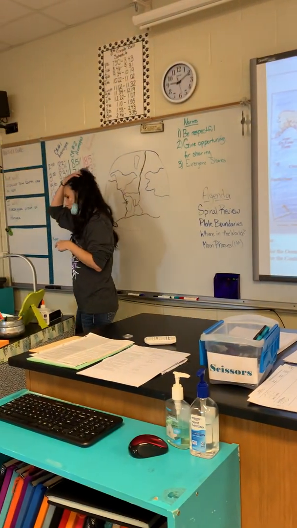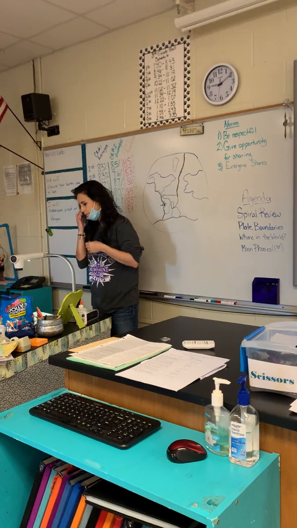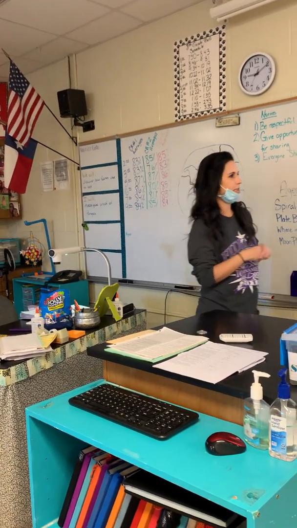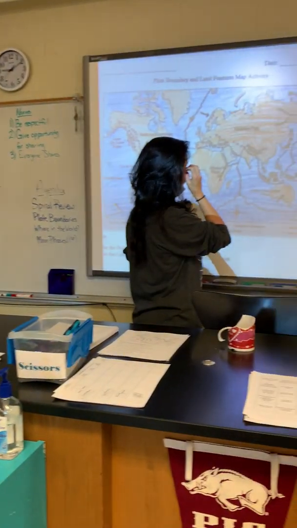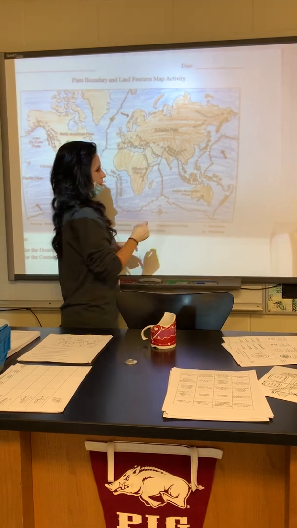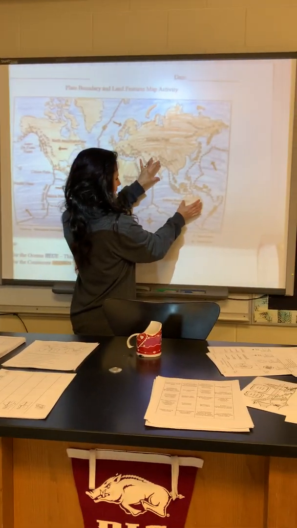Look up number 2. What does it say? Somebody read number 2. What two land masses, continents, compose the Indo-Australian plate? Okay, so I'm looking down here at where we put the Indo-Australian plate. So let's think about that. I want to know what 2 continents make up this plate.